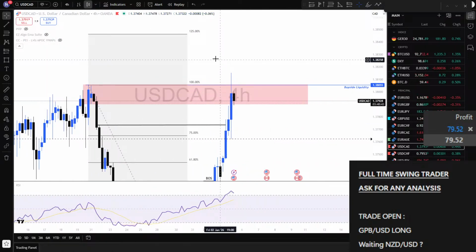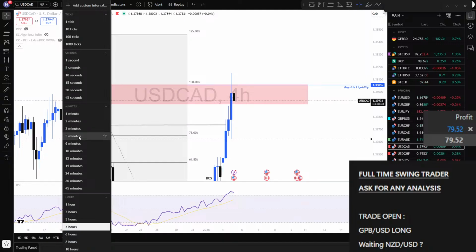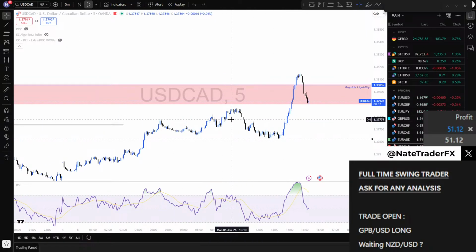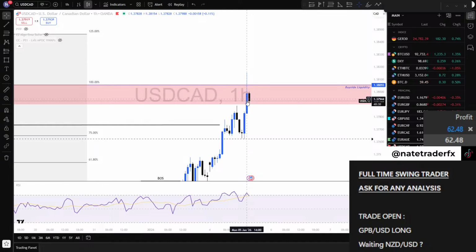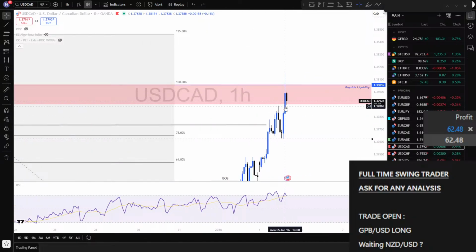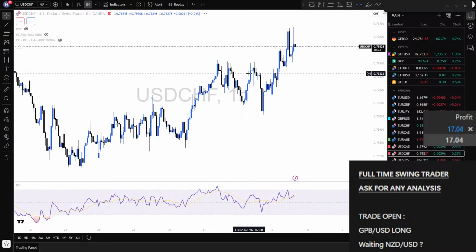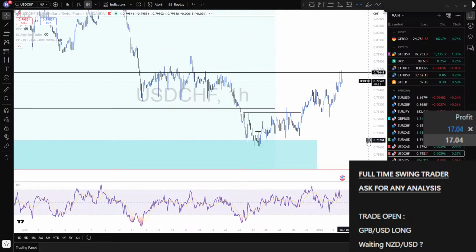So nothing to do with USD CAD. Maybe in 5 minutes actually. No way. No, too far. It's exactly the same point to change his market structure in 5 minutes. Sometimes I like to go in 5 minutes when you just swap the high basically. It doesn't change anything here.